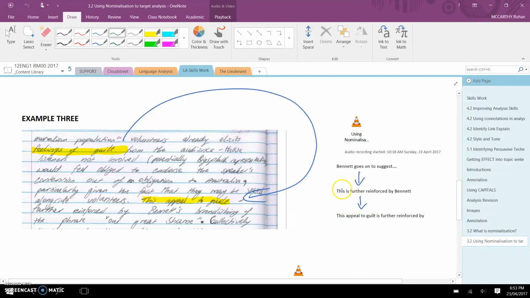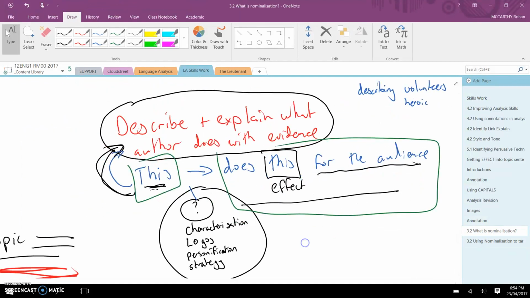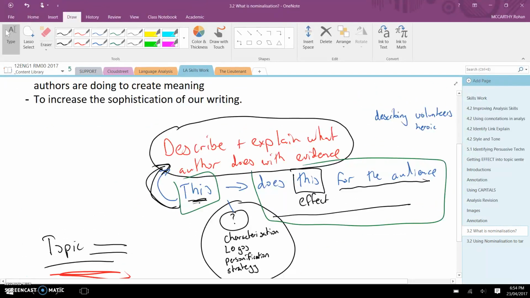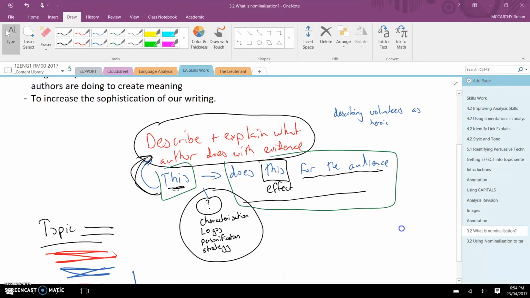So rather than just leave it up to the reader to make the connection themselves, you add in between this and the verb, you add a noun. And that noun is the nominalisation. It's the thing that describes all of this action up here that the author has been doing. So this appeal to guilt is further reinforced. So hopefully that describes why you would use a nominalisation and how nominalisation works.